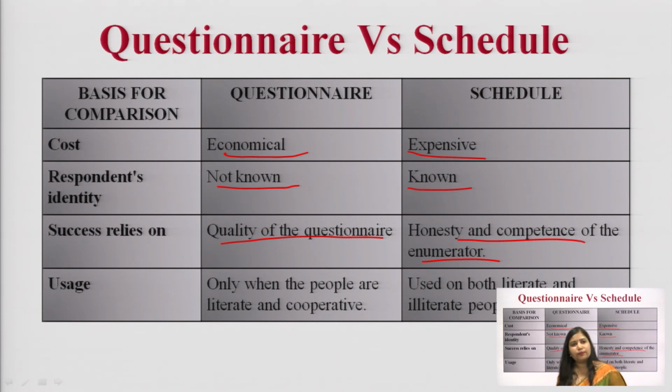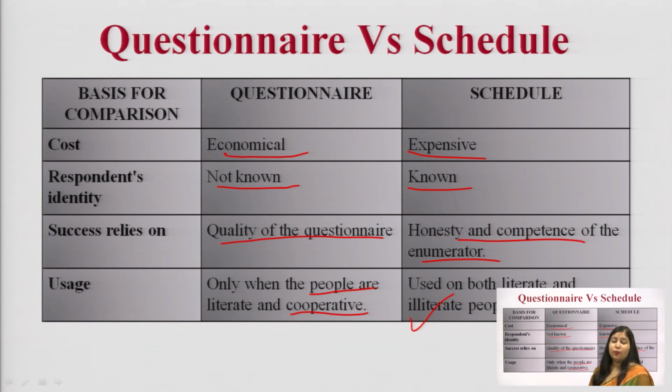Then uses, which is only when the people are literate and cooperative. We use the questionnaire when the people are literate, because for filling the options you have to understand the language, and they are ready to respond, meaning they are cooperative. But when we talk about the schedules, they are used for both literate and illiterate people. For an illiterate person the schedule is the only option, but for a literate person both schedule and questionnaire are options.